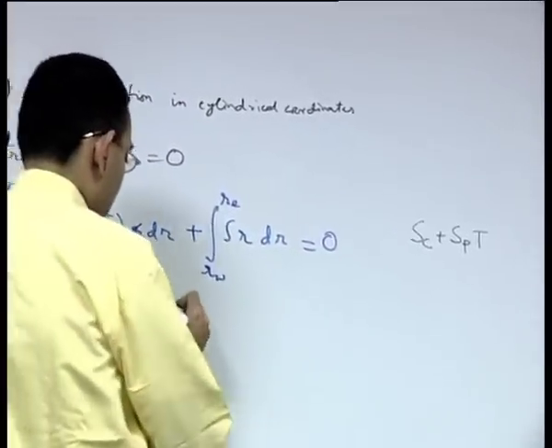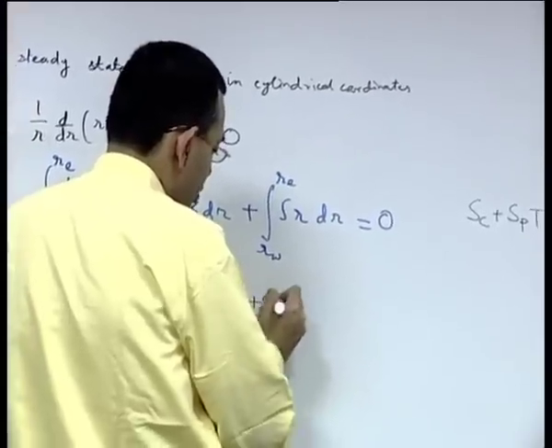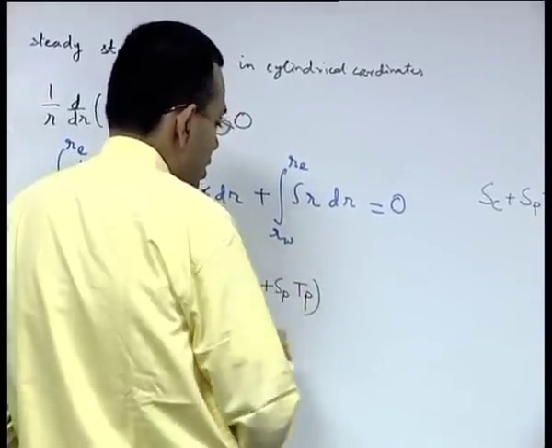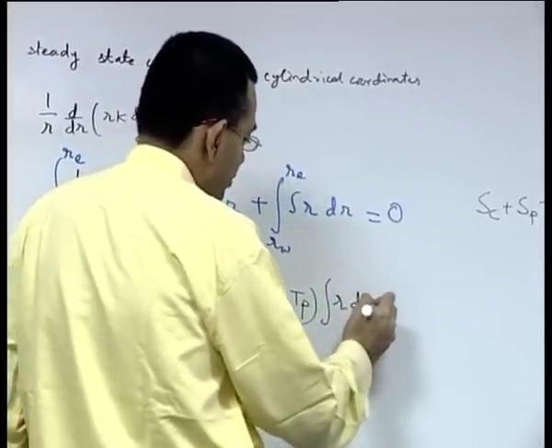So, we can write this as Sc plus Sp into Tp, integral of r dr.